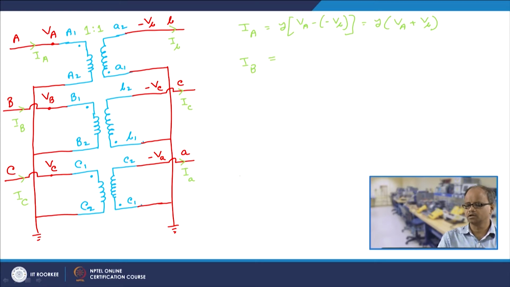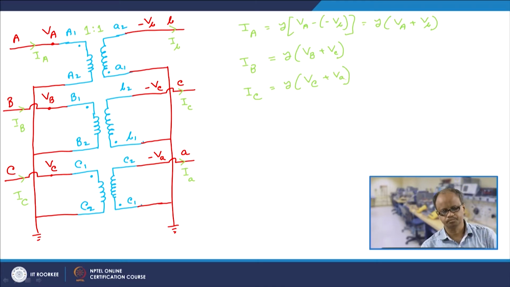IB is Y into (VB plus V small c). I capital C is Y into (VC plus small VA). Right.